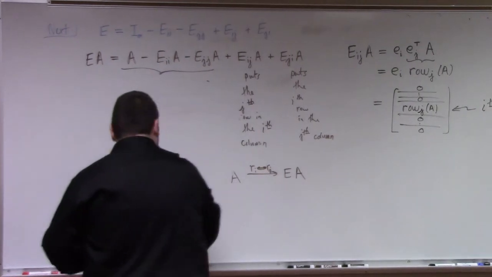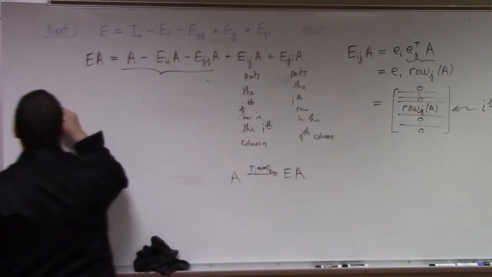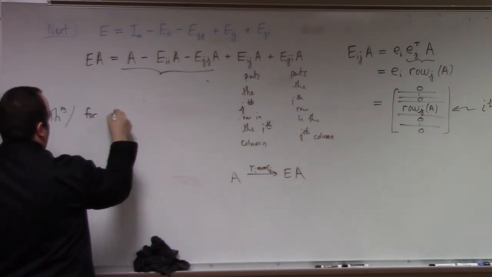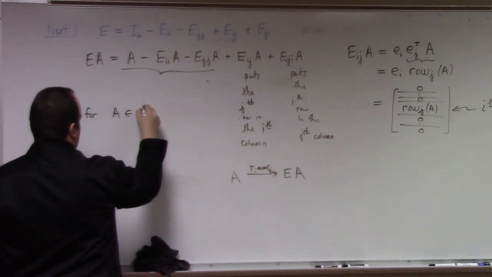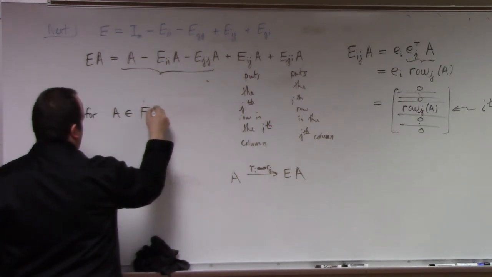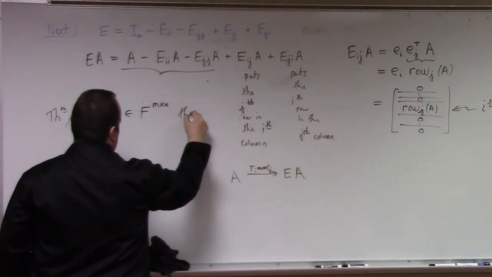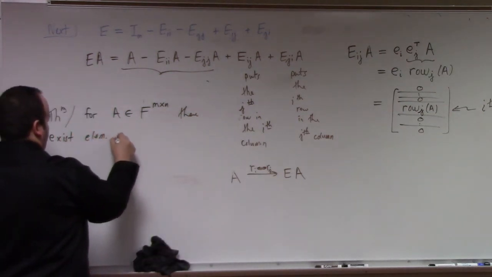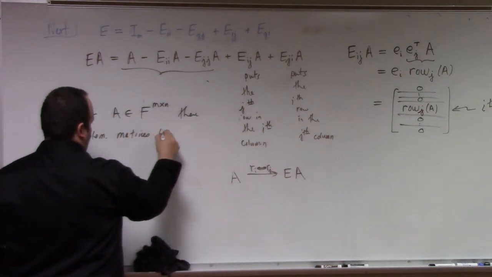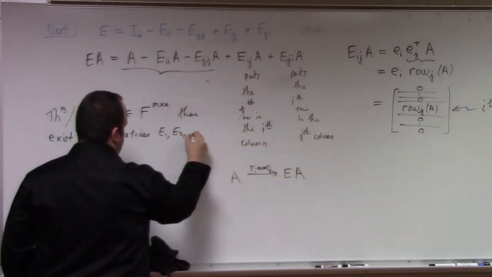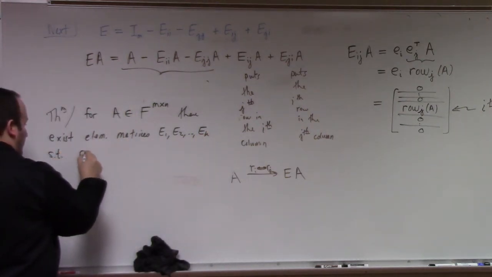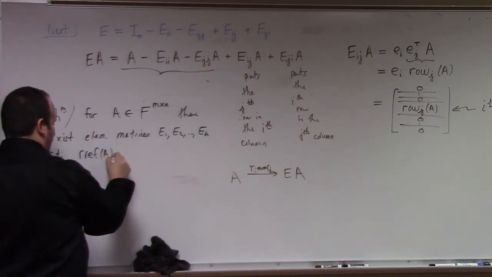Here's what it does. It gives us the following theorem. For a matrix A, an element of F m by n, there exist elementary matrices E1, E2, up to EK, such that the reduced row echelon form of A is equal to what?